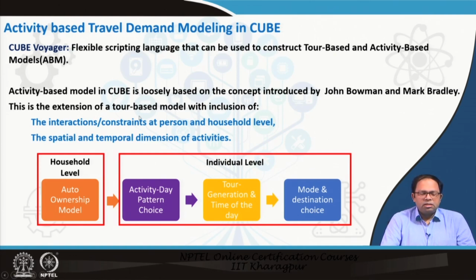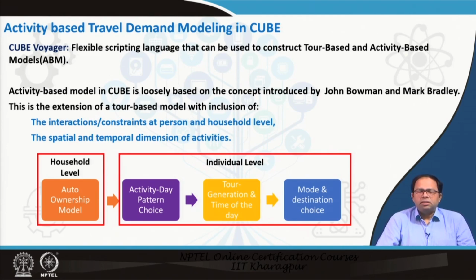This is an extension of the tour based model, where we further include the interaction and the constraints at person and household level. That means how different individuals within a household interact. Do they share a ride, do they escort each other on a particular trip, like a father taking a kid to school and then going to his office?